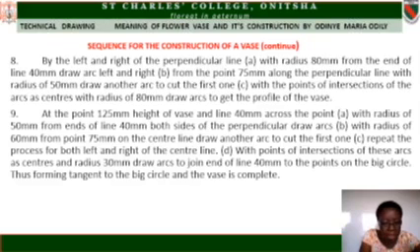C. Repeat the procedure for both the left and right of the center line. D. With the points of intersection of these arcs as centers and radius 30 millimeters, draw arcs to join the ends of 40 millimeters to the points on the big circle, thus forming tangents to the big circle, and the vase is complete.